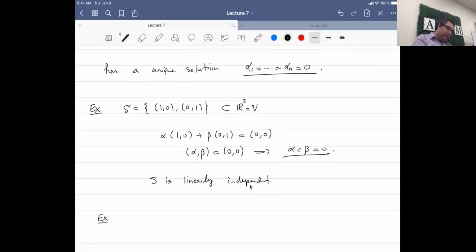What do you think about this? This is a set of three vectors in R2. Obviously this is still spanning, because I just added the vector (0, 0). When you add vectors to an already spanning set, they're still spanning. But is this set linearly dependent or linearly independent?